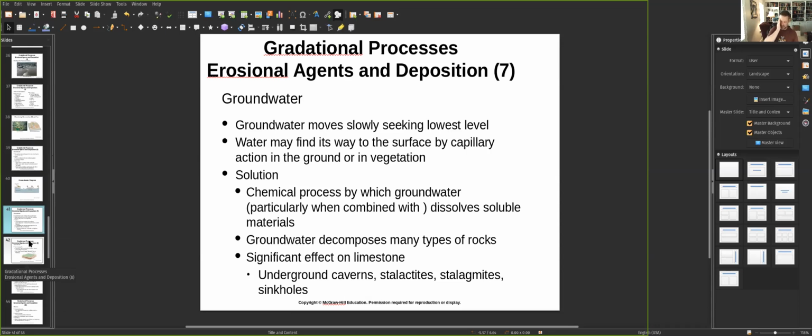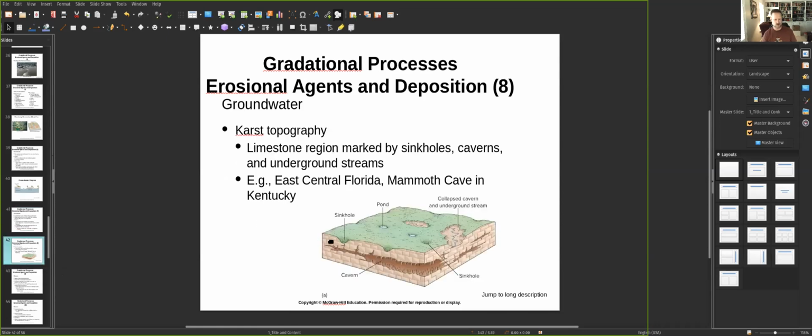And so you get caves, underground caves, or sinkholes, things like this. Those types of features are going to come about. One of the more dramatic representations of this is called karst topography, where you get these limestone areas with a lot of different sinkholes that will form.